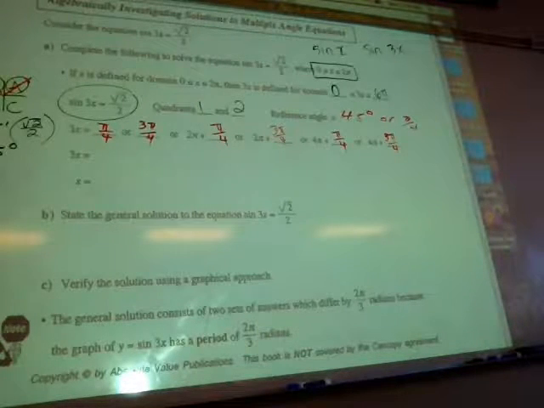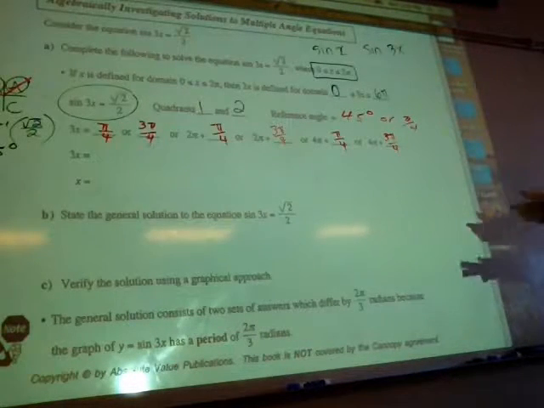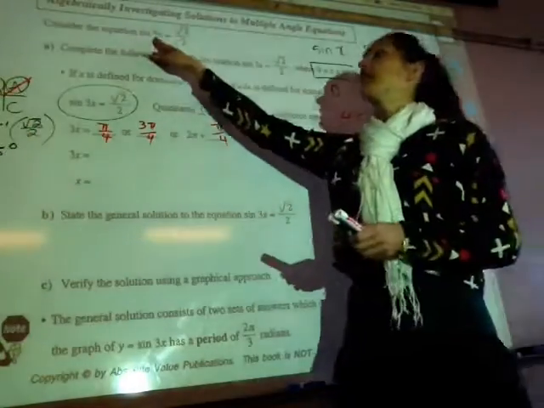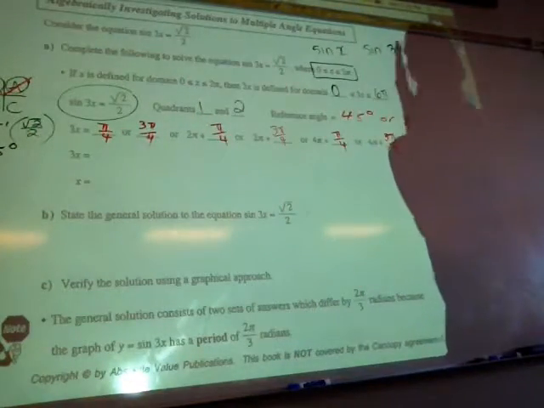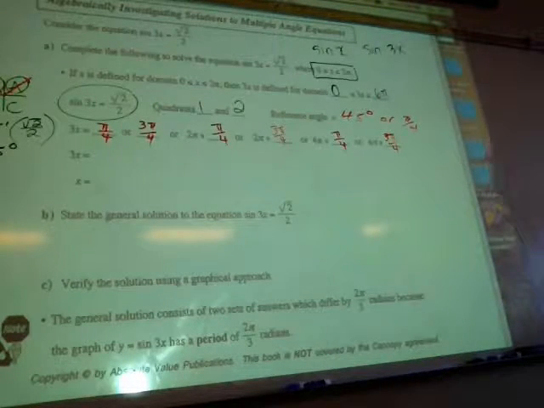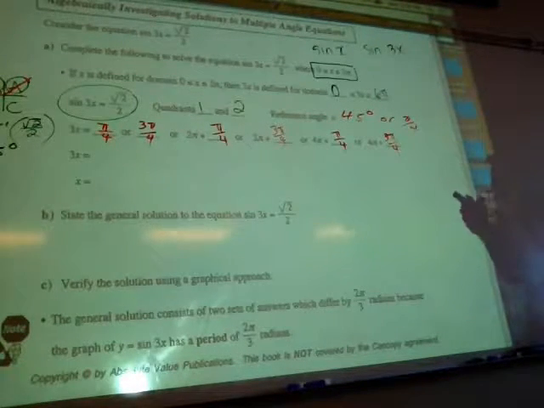So instead of 2 solutions, we now have 6 solutions, because sine is compressed by 1/3, right? If it's compressed by 3, that means we're going to have 3 times as many solutions. So we have 6 solutions now.